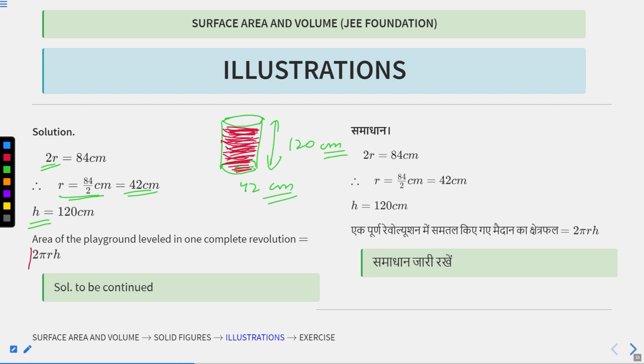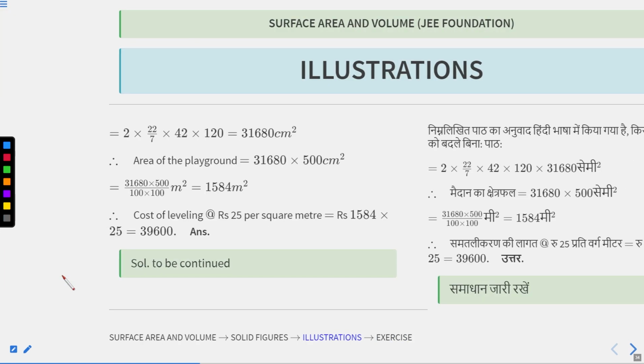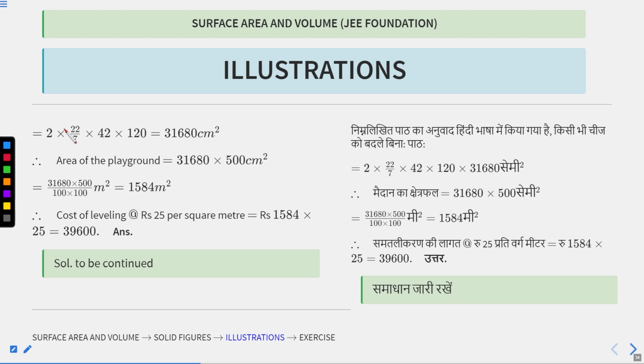The curved surface area for a cylinder is 2 pi r h. I hope you remember this. Now just apply our values: 2, pi, r, h. So 2 pi r h, we get our curved surface area in centimeter square. Now the area of the playground.